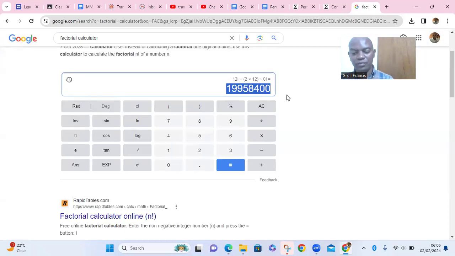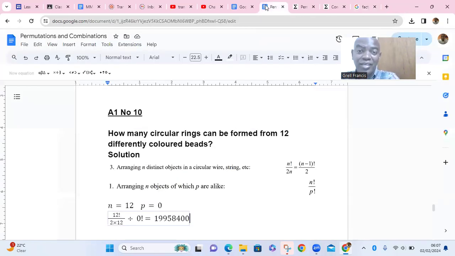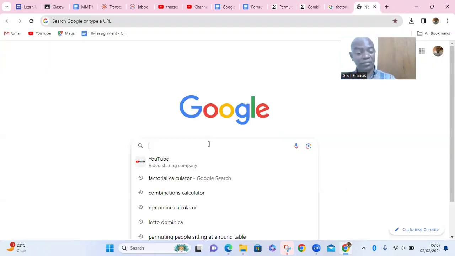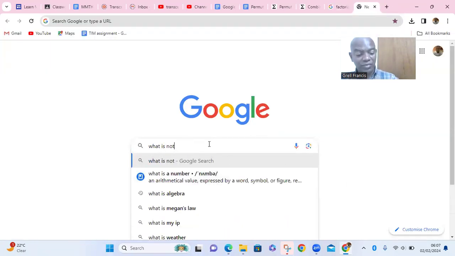Just to prove a point, 0 factorial is equal to 1. Why is 0 factorial equal to 1? What is 0? 0 is nothing. But here it is saying that 0 is actually something, or nothing is something. If you type in Google, what is nothing?